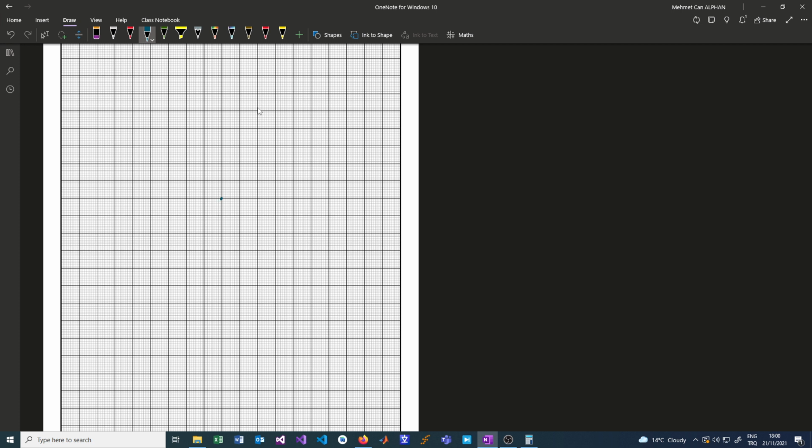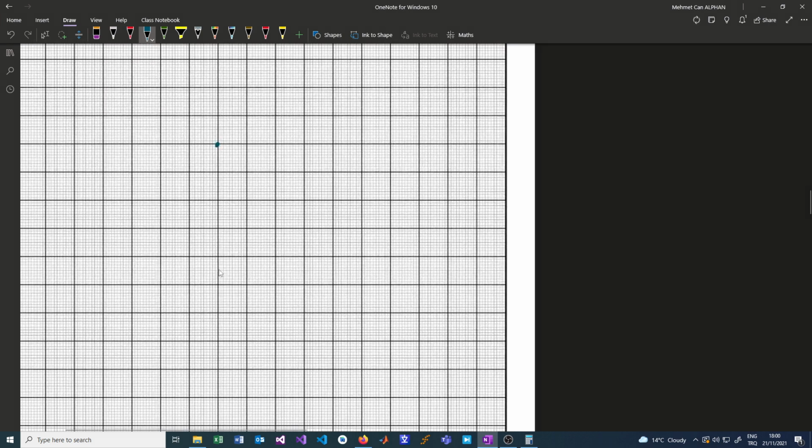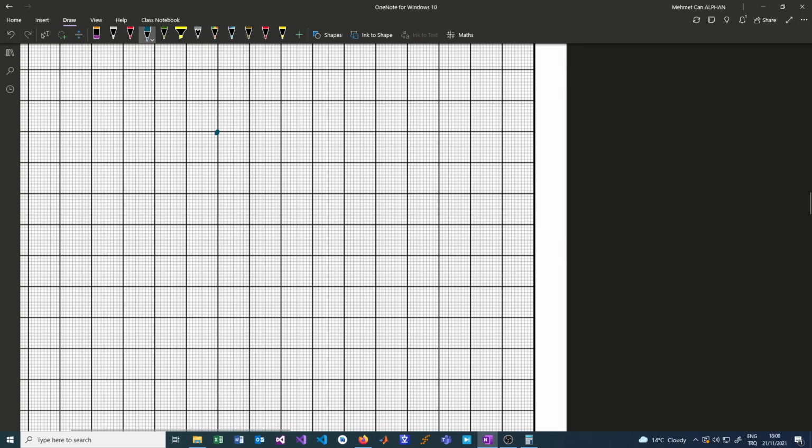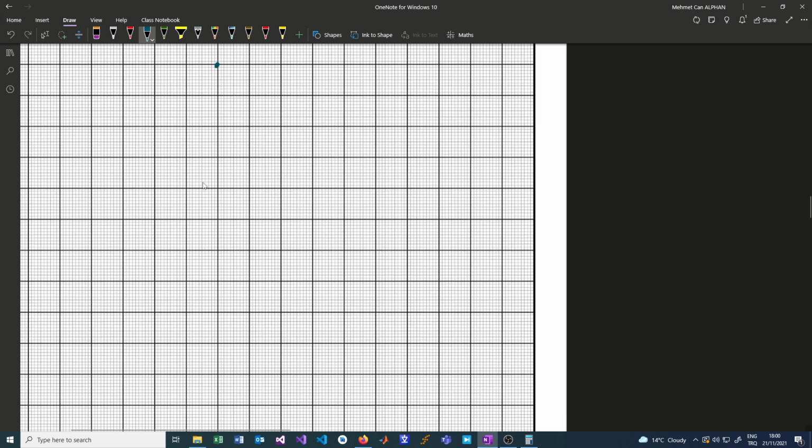So I'm putting my dot again. 2, 3, 4, 5, 6, 7, and 7.5. My mg vector. So 1, 2, 3, 4, 5, 6, 7, and 7.5. 1, 2, 3, 4, 5.